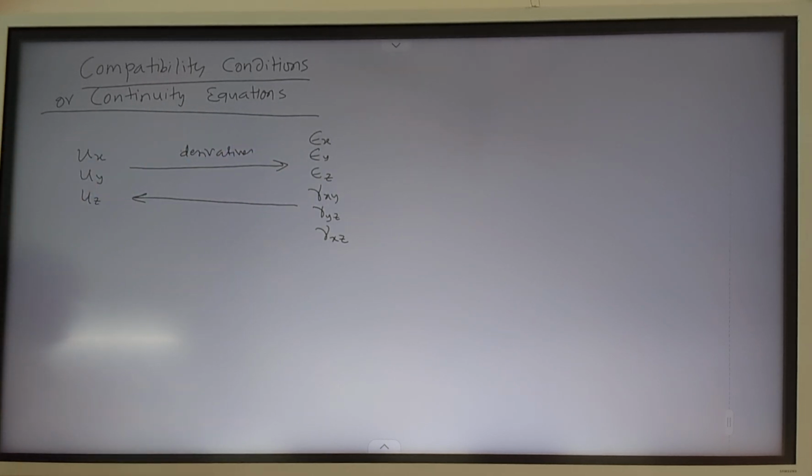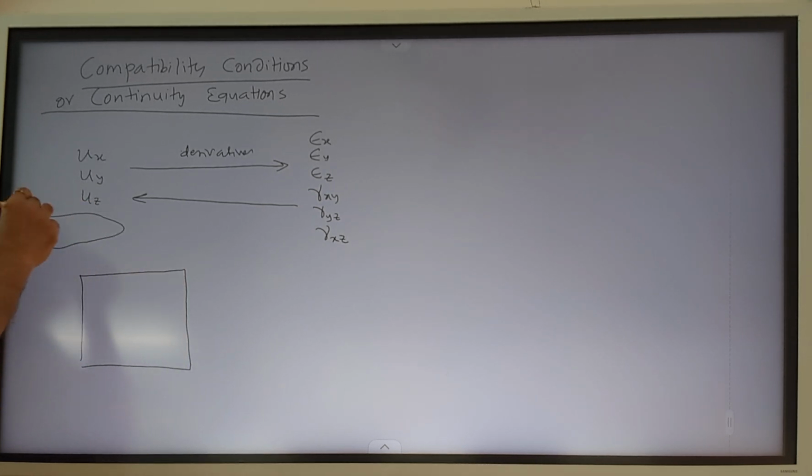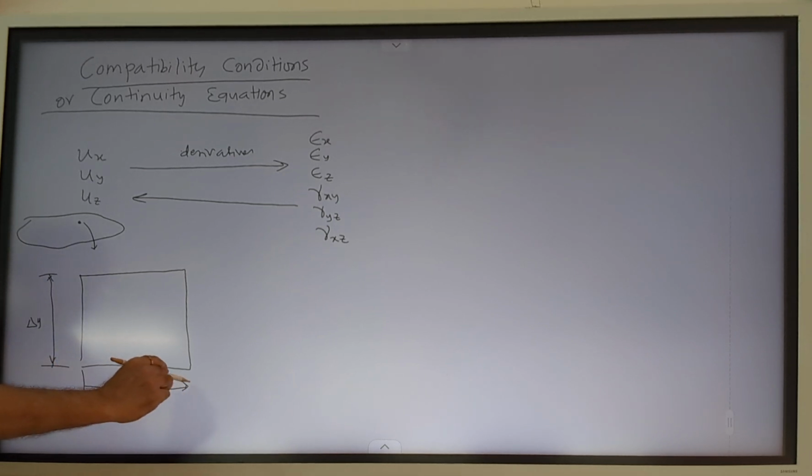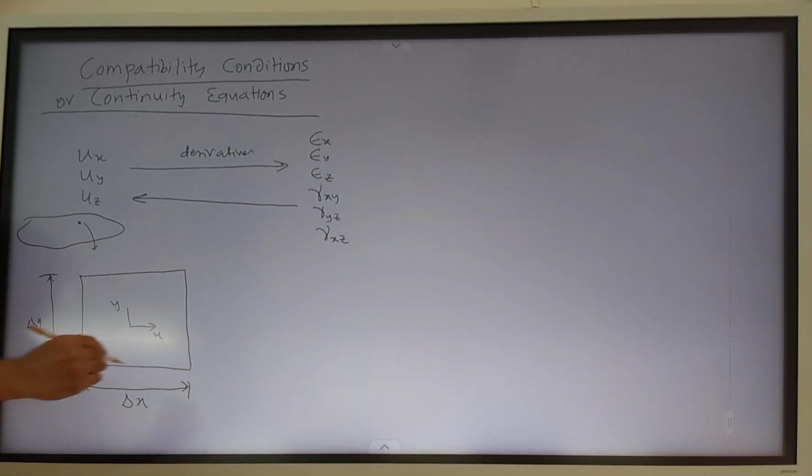We will take one simple example. So let's consider a small particle inside some body. I'm just considering one particle which is having height equal to delta y, length equal to delta x. Okay, we are just considering a 2-dimensional problem.